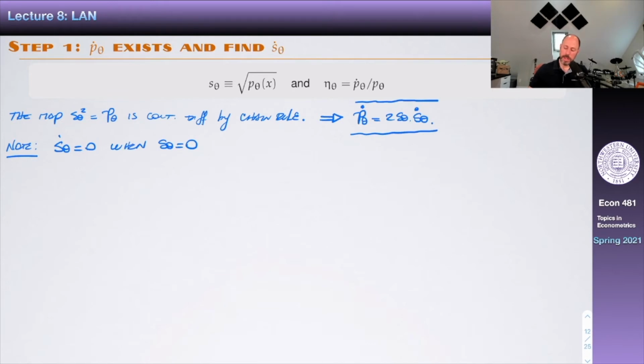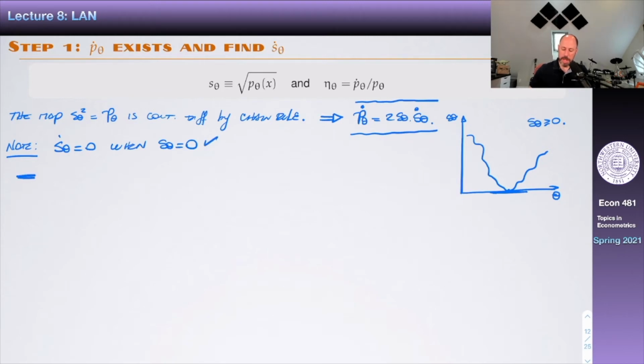To see this, if you plot this function as a function of theta, it's a continuous function, and if it touches 0, since s theta is non-negative, it must be that if s theta is 0, the derivative has to be 0, which is what we're saying here.